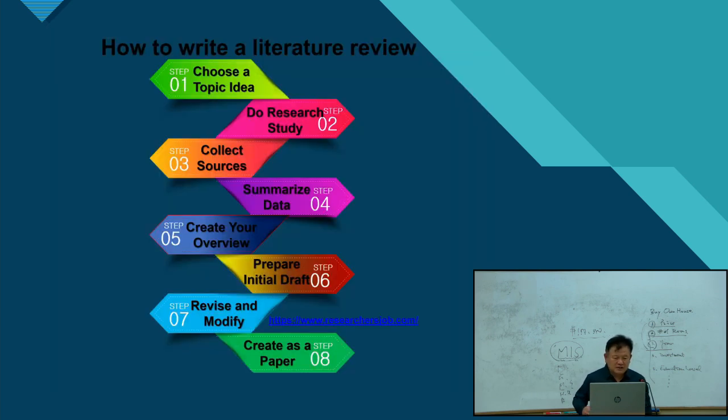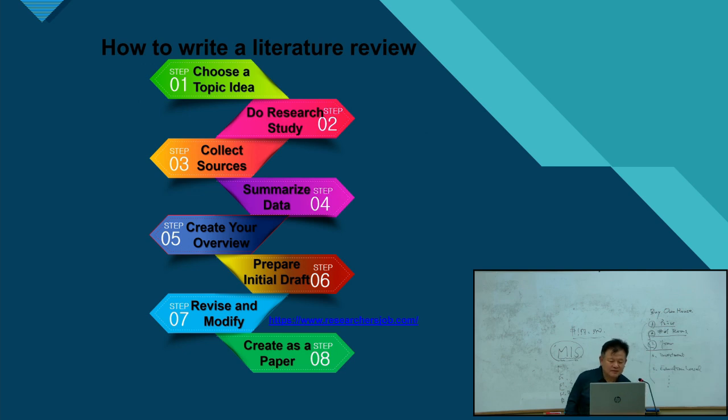And also, how to write the literature review. A review is a little different, especially after editing, you want to make sure your final research is solid. Choose a topic idea, research the study, collect resources, summarize and analyze data, and create an overview of your findings or results.